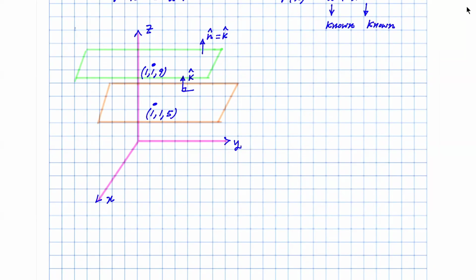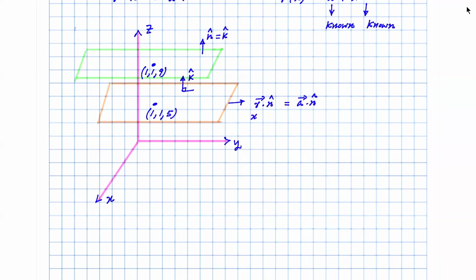Now, I'm going to find out the vector equation of this plane. That would be r dot n is equal to a dot n. Now, r is going to be xyz.